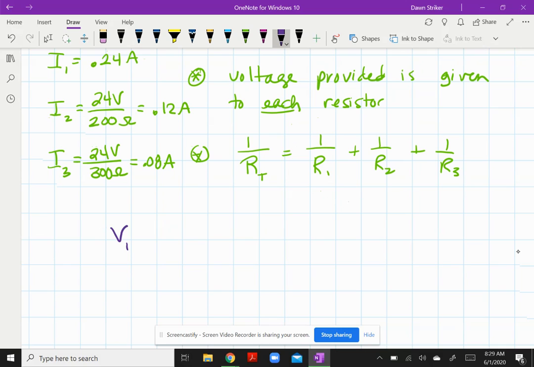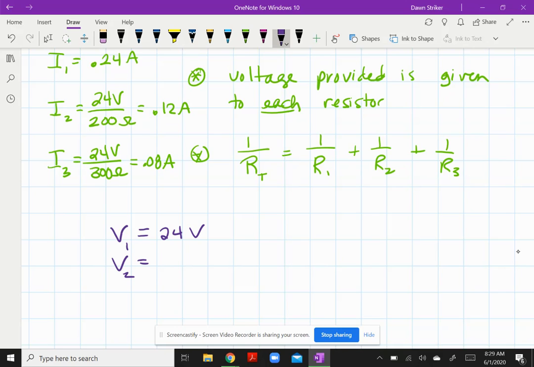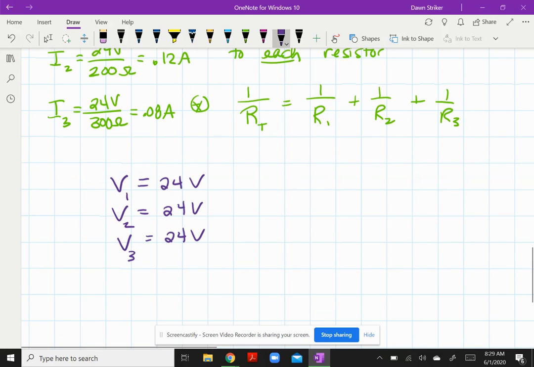Okay, so let me write this down a little more clearly. So the voltage through resistor 1, 24 volts. The voltage through resistor 2, 24 volts. The voltage through resistor 3 is 24 volts. Each resistor gets the same voltage, and that is the voltage provided by the battery, 24 volts. What about current?